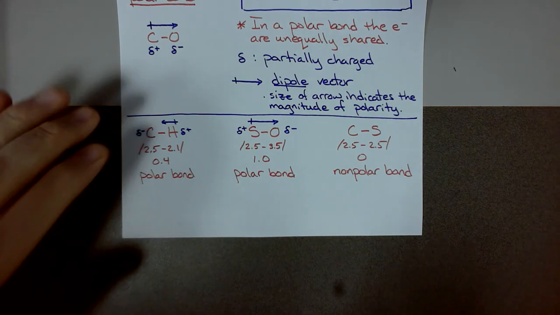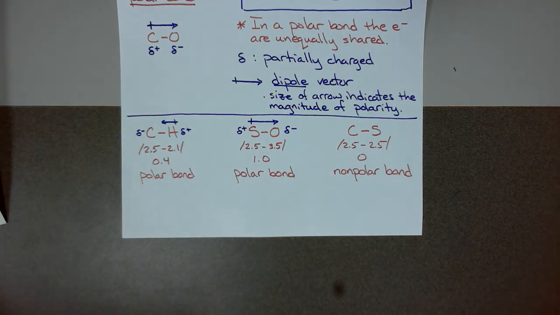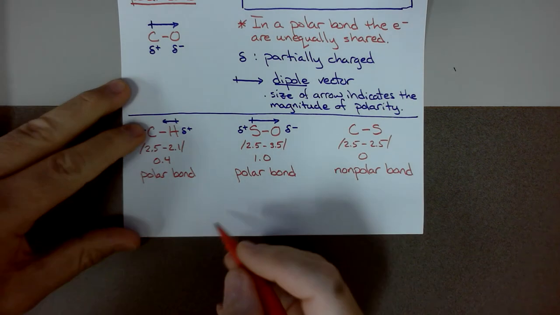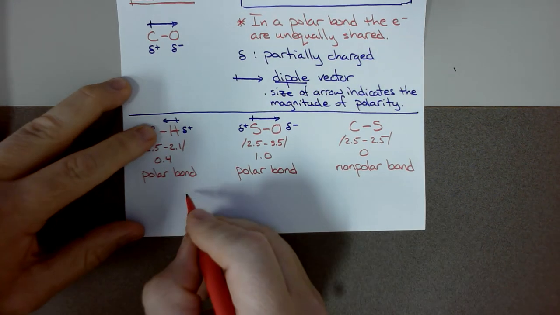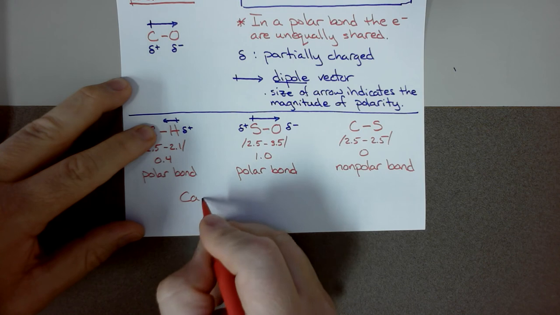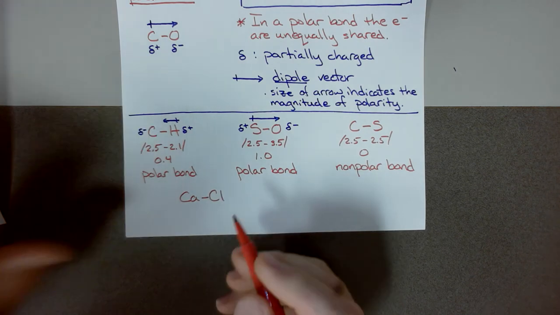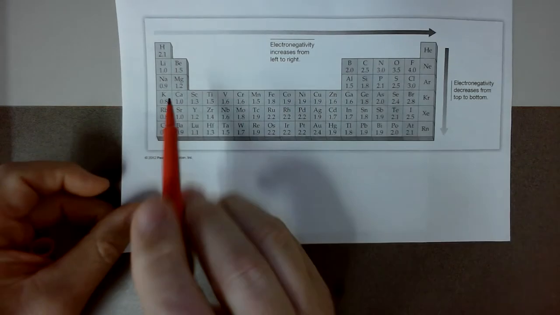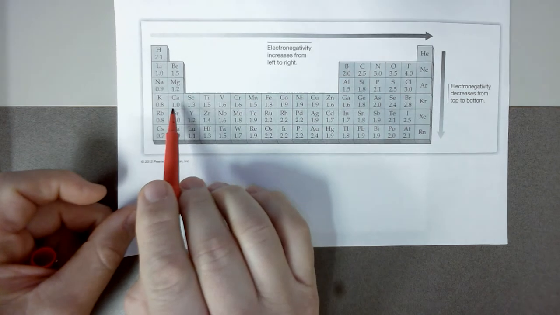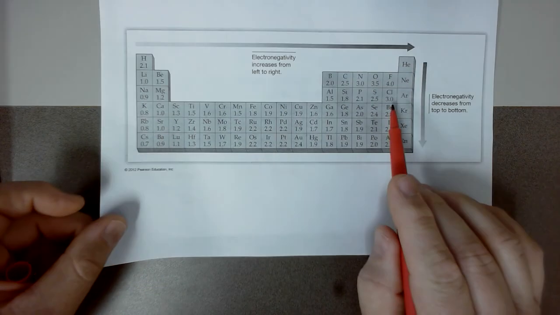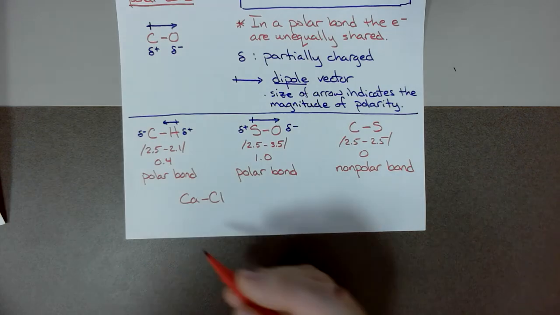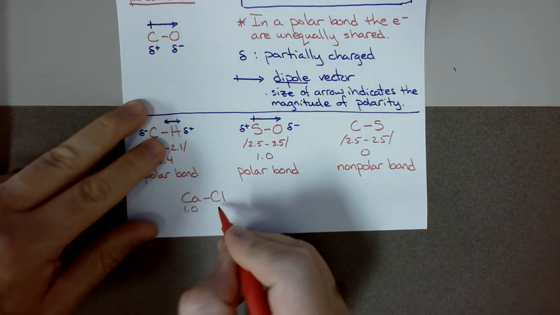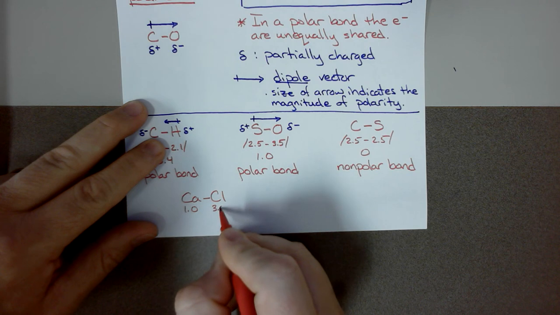And the last one we're going to look at is an ionic bond, to make sure we understand it. If I take calcium bonded to chlorine, calcium is a 1.0, chlorine is a 3.0.